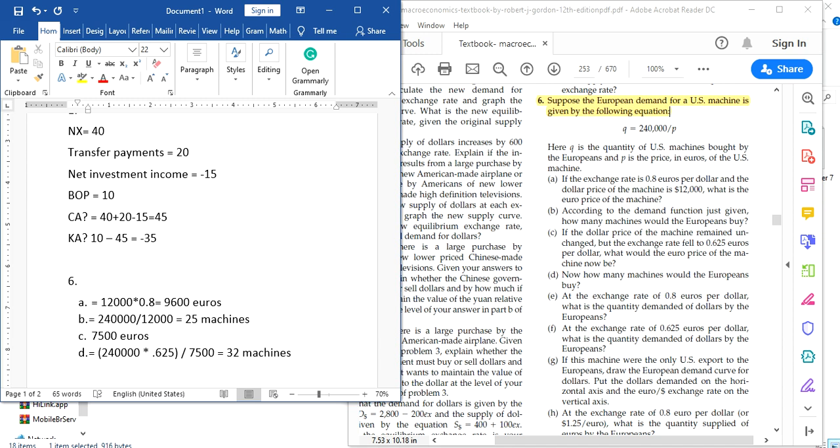So if the exchange rate depreciated, the value of the currency depreciated, that would stimulate export. That's what this problem is trying to tell us. At the exchange rate of 0.8 euro per dollar, what's the quantity demanded of dollars by the Europeans?